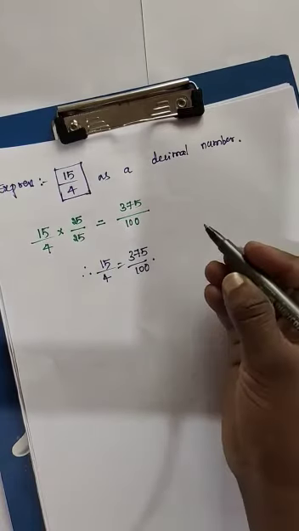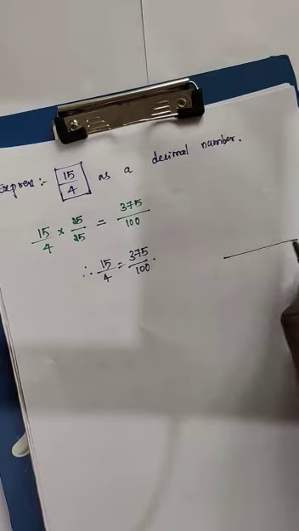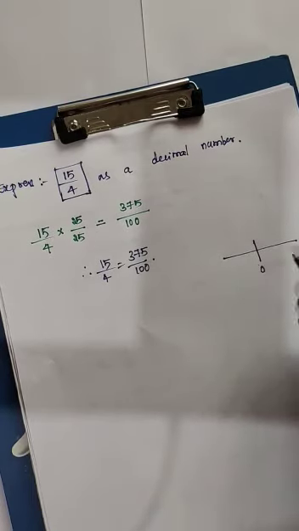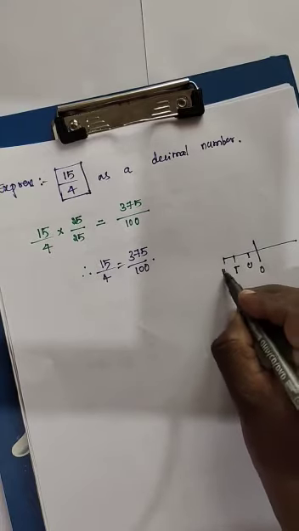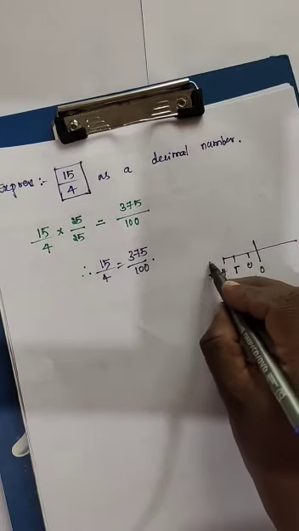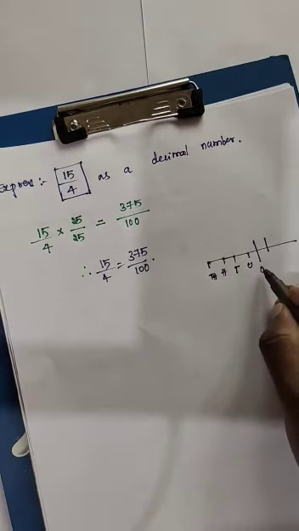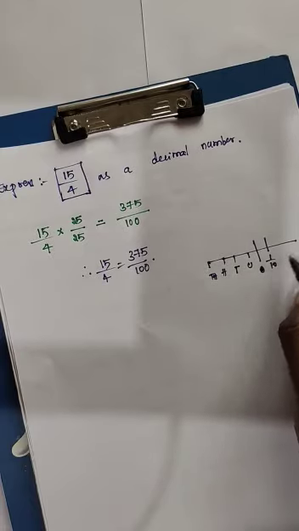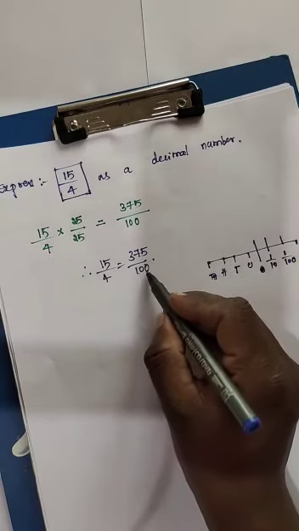So we know that in the decimal chart, after the decimal it is unit, tens, 100, 10,000, etc. After the decimal this is 1 by 10, next is 1 by 100 and so on. So how many zeros are there in the denominator?